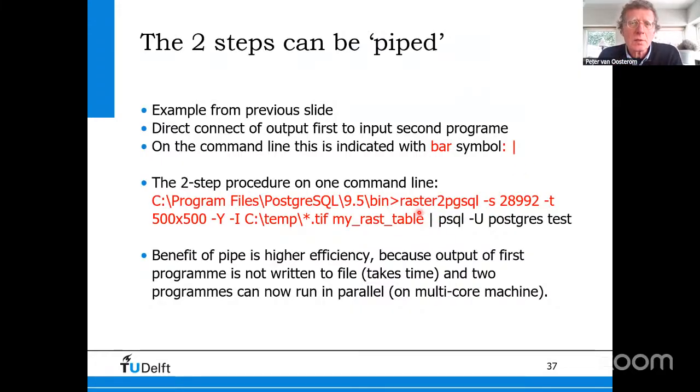And here you see the same statements, raster2pgsql and all the parameters and input files, and then the bar, and then the second statement. But this now runs together, and there is no temporary storage of the converted SQL. That is directly processed in psql, resulting in tables with raster data.